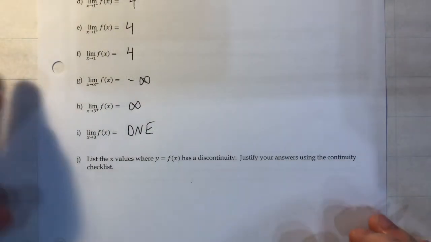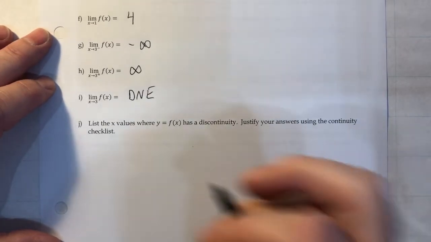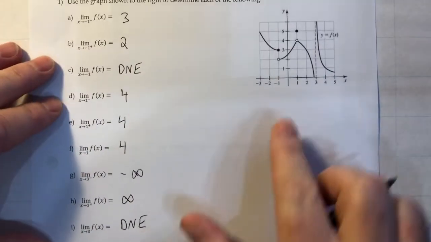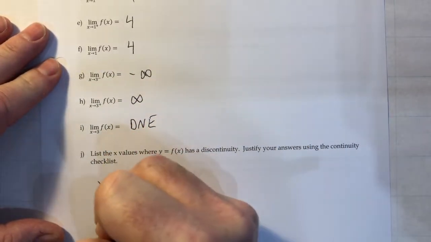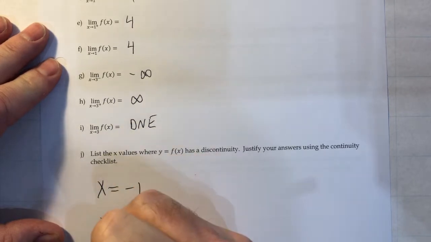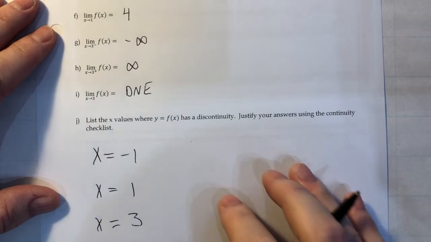All right, so now let's make that list of discontinuities and justify our answers. So again, the 3 discontinuities appear to be happening at -1, 1, and 3. So x equals -1, x equals 1, and x equals 3 are the 3 spots that we're concerned with.